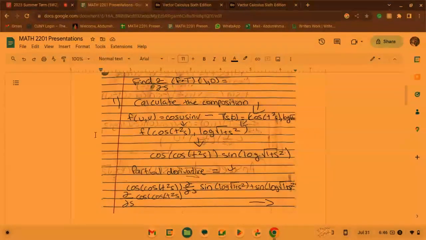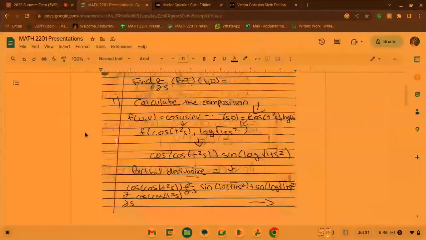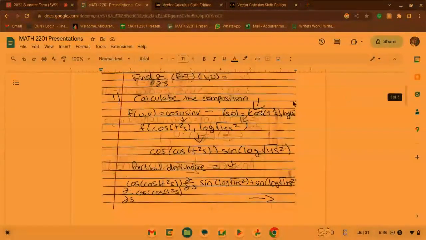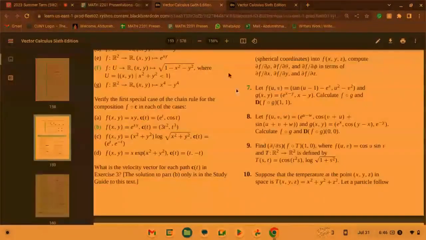There's a capital letter DF. So can you tell me what's the dimension of DF? Well, think about the F. F is a vector function. F goes from what space to what space? Look at the function F. Maybe go back to the question itself, the workbook.